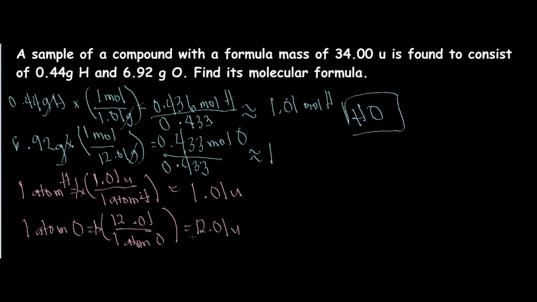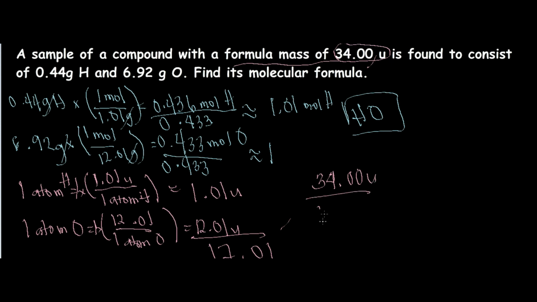Get the empirical formula mass. This will give us 17.01. Then we have the formula mass of 34.00 units. So dividing 34.00 U by 17.01 U is equal to 1.999, or 2.